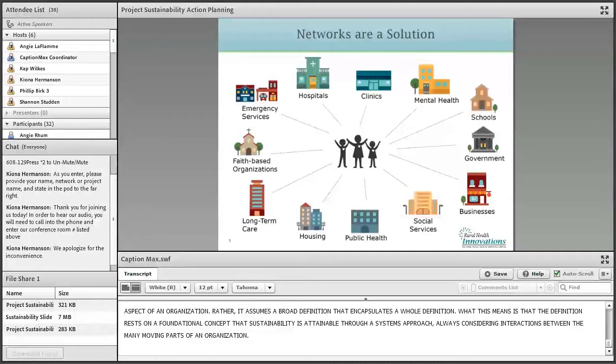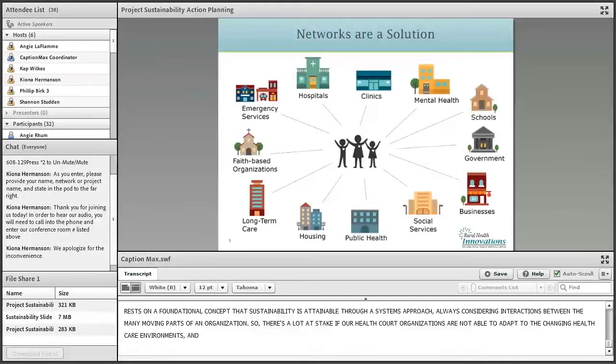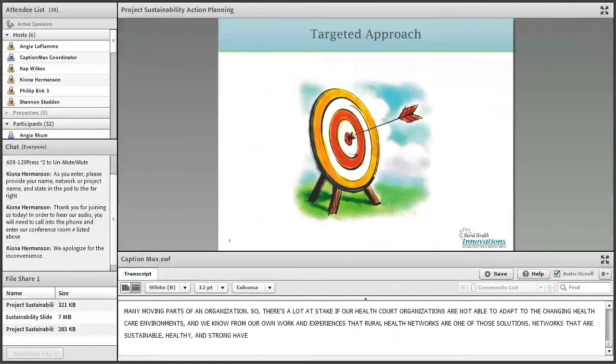So there's a lot at stake if our healthcare organizations are not able to adapt to the changing healthcare environment. And we know from our own work and experiences that rural health networks are one of those solutions. Networks that are sustainable, healthy, and strong have that ability to transform.